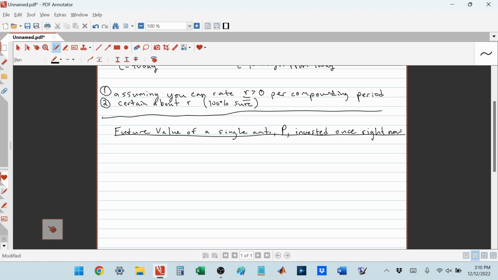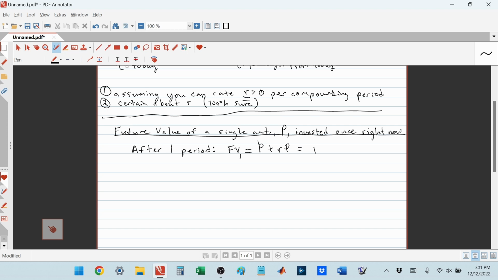So if you invest it once now, let's assume we're at the beginning of a period. Then at the end of the first period, what's your account worth? So the future value at the end of one period would be equal to, well, you'd have your P that you invested plus the interest you got over that first period on the investment.